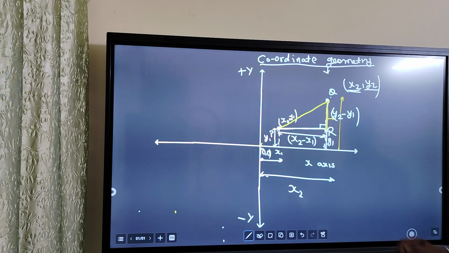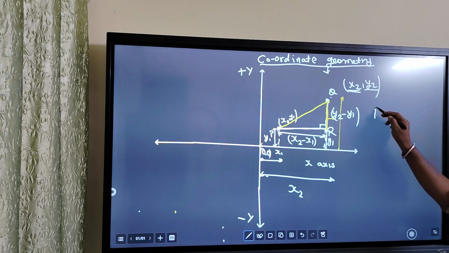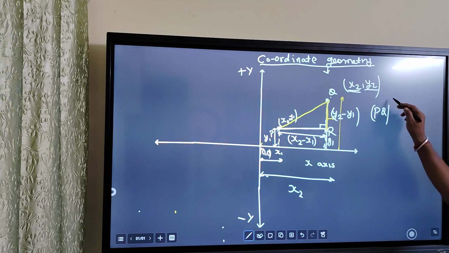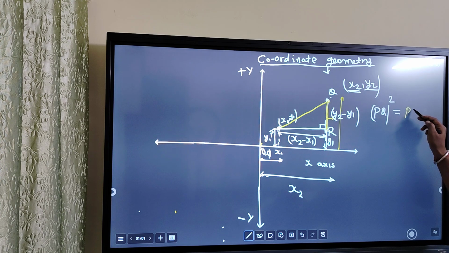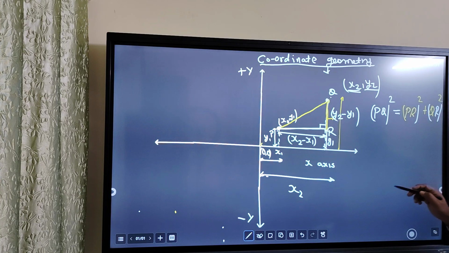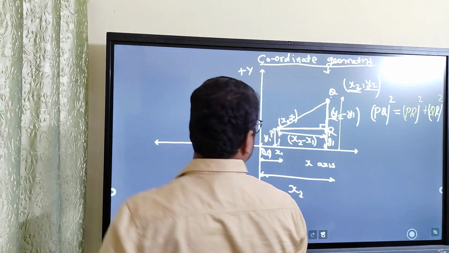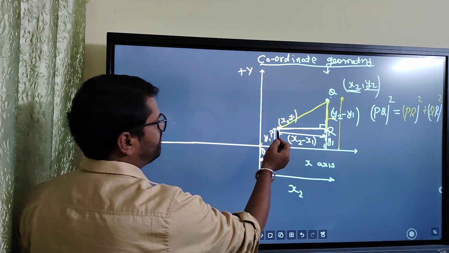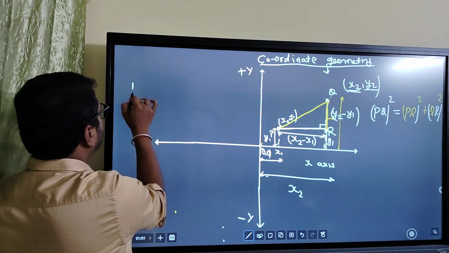So by Pythagoras theorem, what can we write? PQ square is equal to PR square plus QR square. PQ square we have to find.